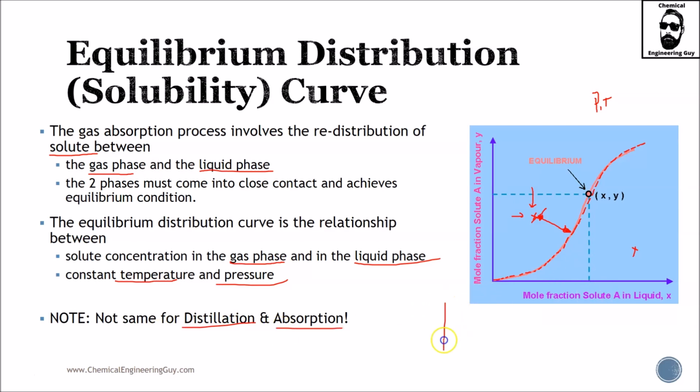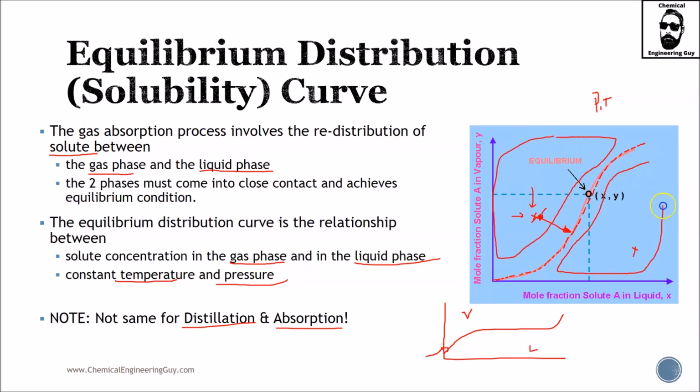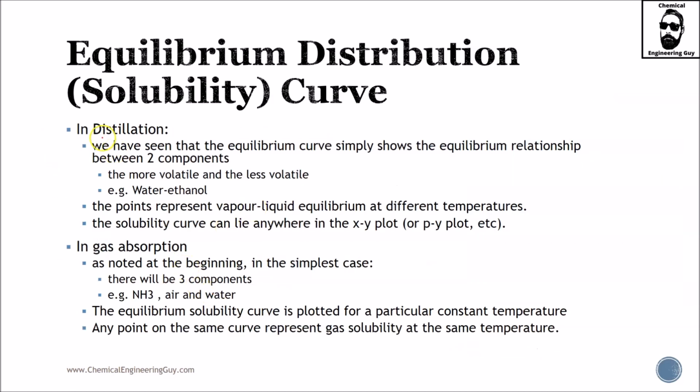So in absorption, you have an equilibrium line, and you have, I don't know, vapor here, liquid here, and the vapor-liquid condition here. Well, in this case, this doesn't make that much sense. There is no equilibrium here. In distillation, we have seen that the equilibrium curve simply shows the equilibrium between two components, the more volatile and the less volatile, for instance, water and ethanol.